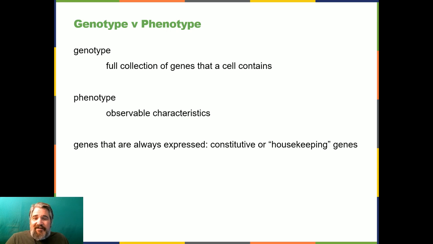All right, so the genotype is the full collection of genes that a cell contains. Everything being expressed or not expressed, recessive alleles, whatever. The raw genetic information that's there in the cell. Whereas the phenotype is the observable characteristics that are derived from the expression of the genotype.